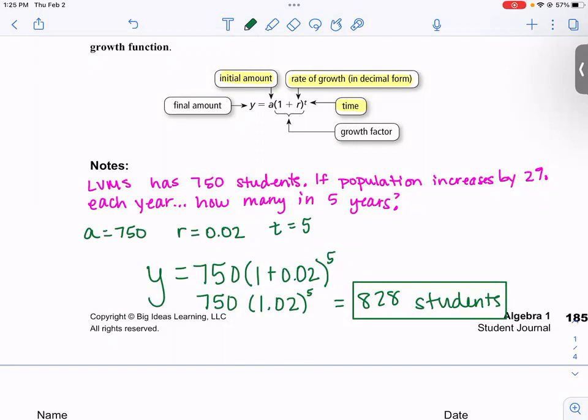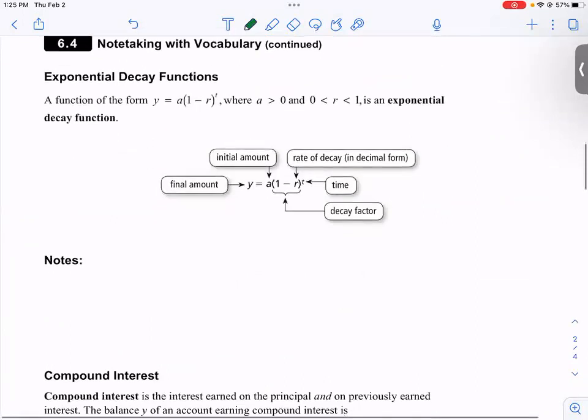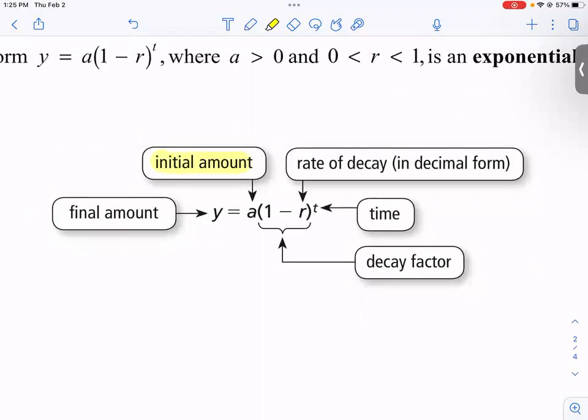Okay, now, guess what? We have the same kind of thing, turn the page, for exponential decay. Notice we have initial amount is still A, our rate is still R, we still have time, but since we are decaying, we're taking 1 minus R. So that number is going to be smaller than 1, which is what is giving us our decrease.